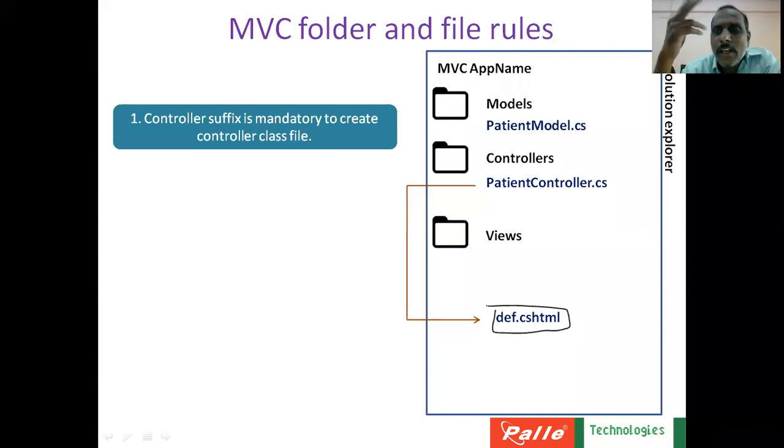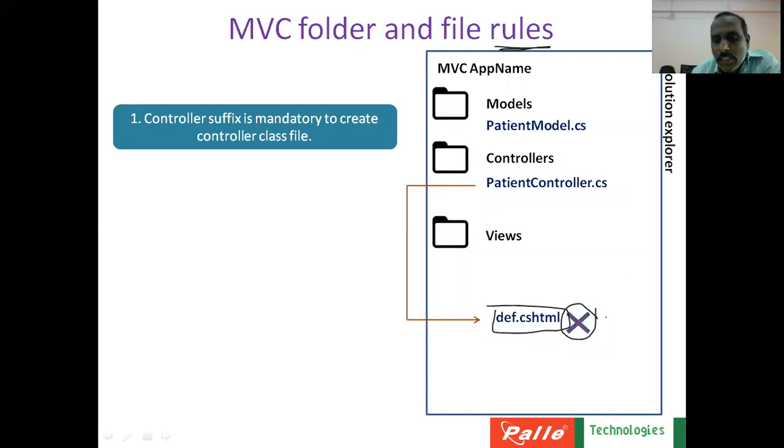When I try to send the data, my view cannot receive the data. Even though the controller is sending the data to the view, the view cannot receive it. Why can it not receive the data? The answer is simple. Again, there is a rule. Currently we are just talking about all the rules. The rule is simple.